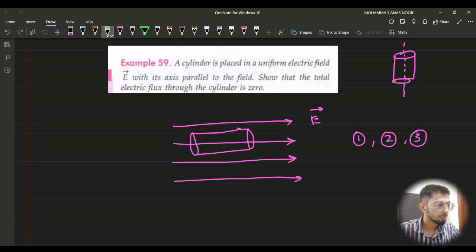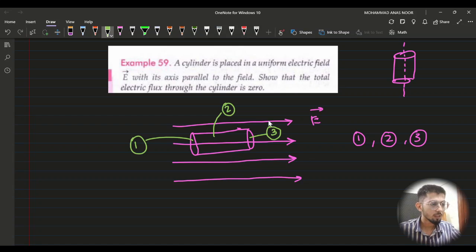The first is the circle on the left-hand side, the second is the whole curved surface area, and the third is the circle on the right-hand side. So we need to find the total electric flux. That means we need to find the flux through each one of these surfaces and add them. That would be the answer.